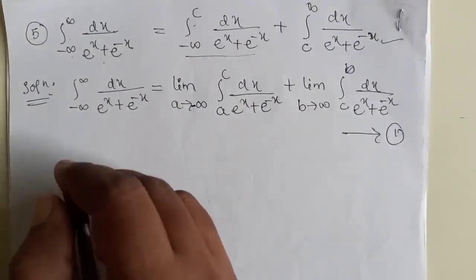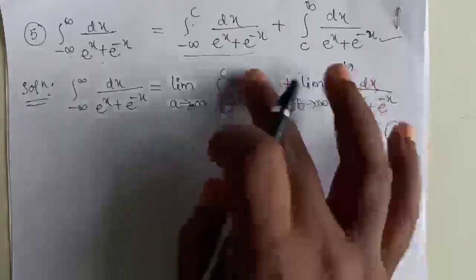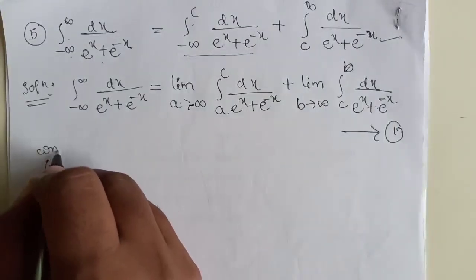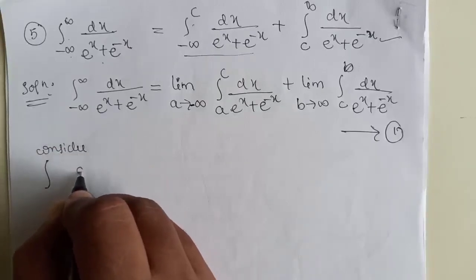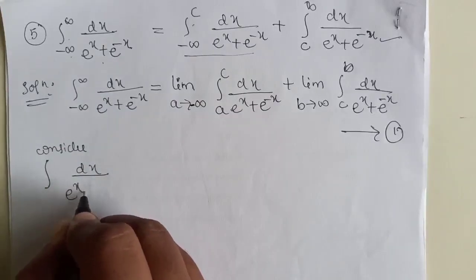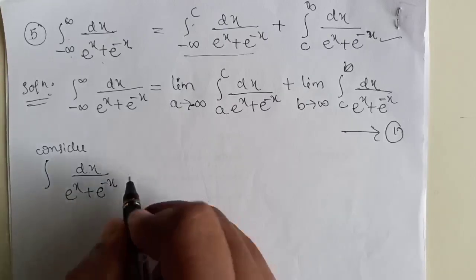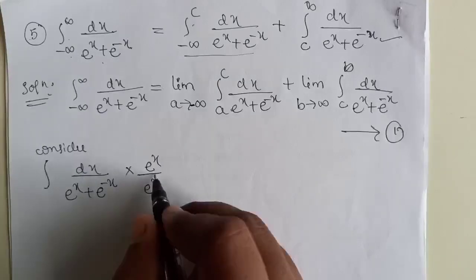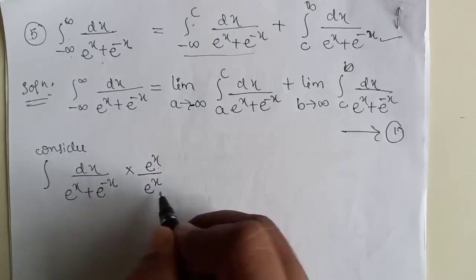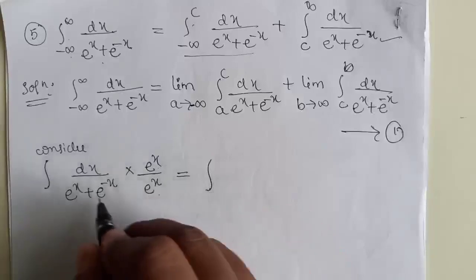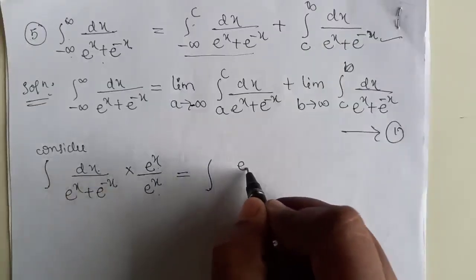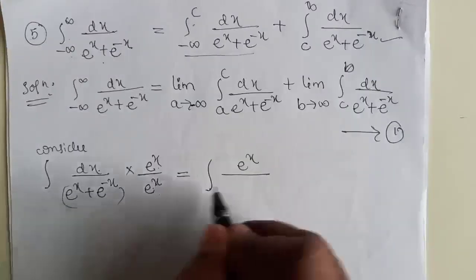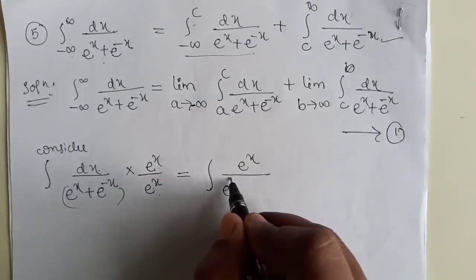Now we integrate this one. For that we consider dx divided by e raised to x plus e raised to minus x. So you divide and multiply both by e raised to x, and you will get the integration of e raised to x. On multiplying, this becomes e raised to x into e raised to x, which is e raised to 2x.